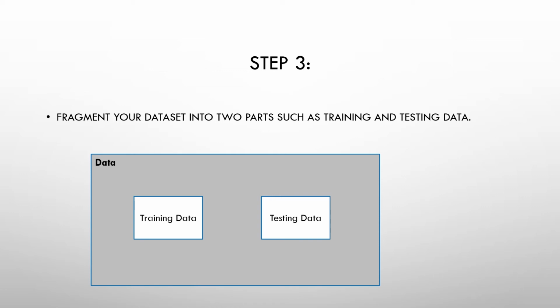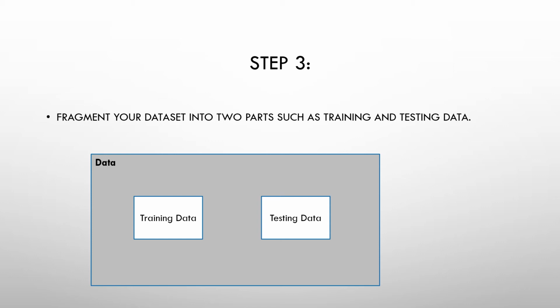So it's very important to fragment your data set into the two parts, one is a training data and the next one is a testing data, because it plays a very important role in modeling your model. The reason is, if we train your model with a huge data set, then the performance of the model will be very good.